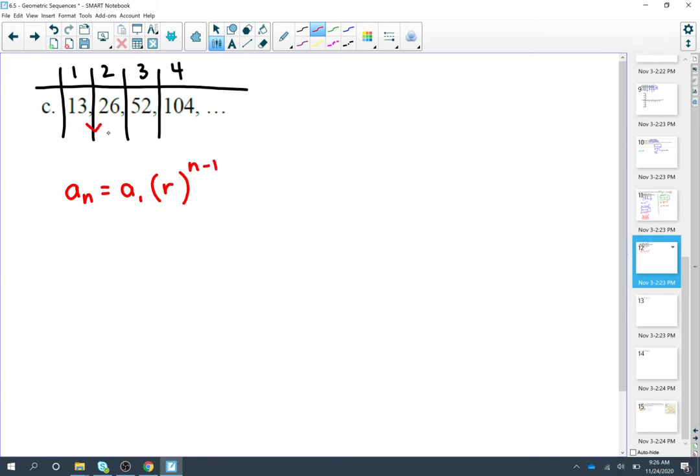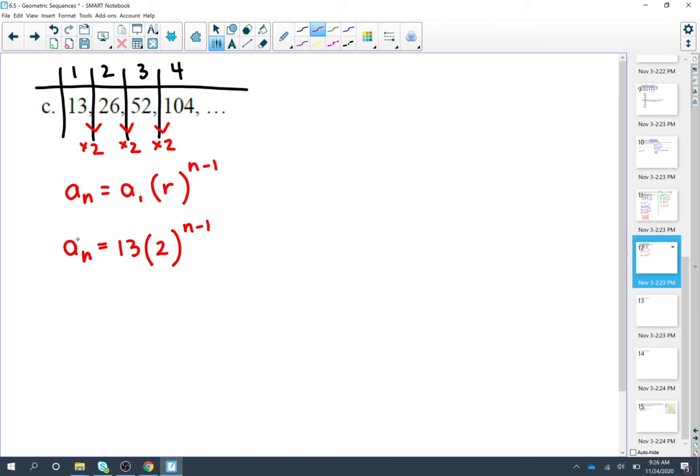How do you get from 13 to 26? You multiply by 2. 26 to 2, multiply by 2. 52 to 104, multiply by 2. So a sub n equals the first term, which is 13, times the common ratio, which is our 2, to the power of n minus 1.